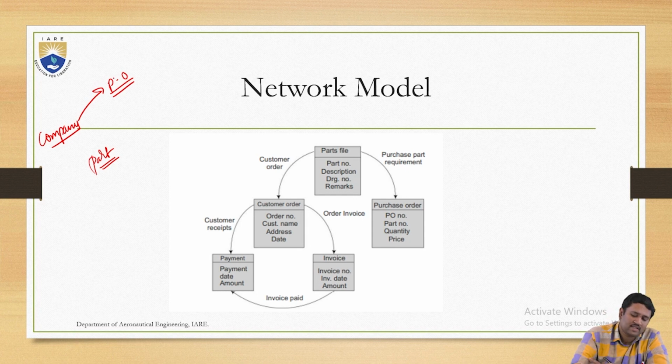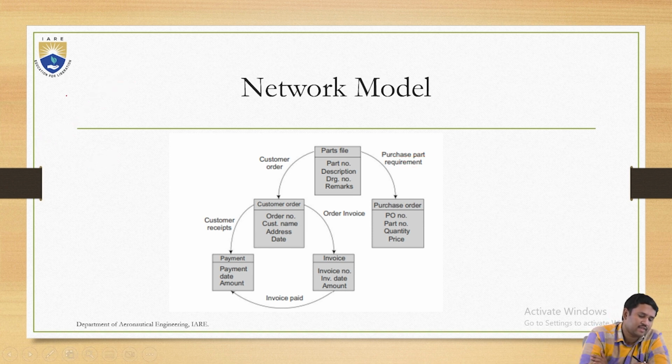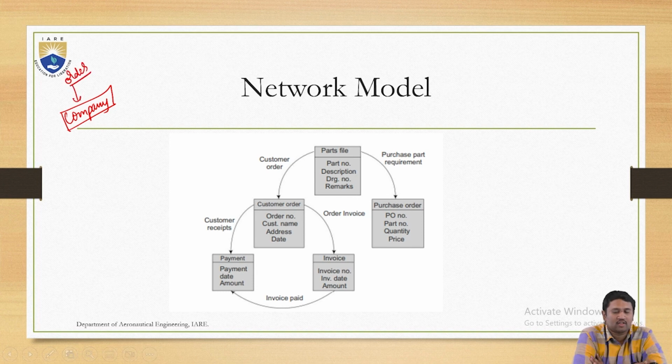According to that, what happens? Purchase parts are done. Or else, another example is better. Let's say a company gets a consumer order, right? According to the company, they require some parts which are not available to us.